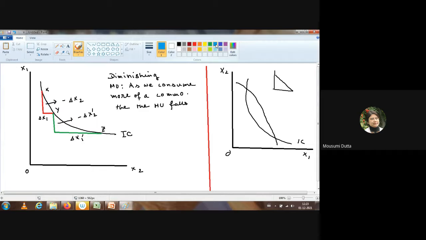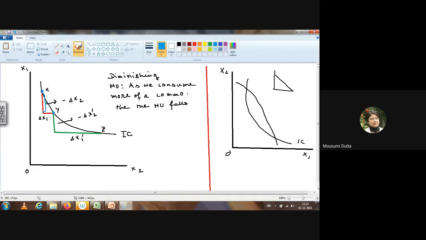What is happening as I'm moving from this point to this point? This amount of X2 I have to leave. I'll not be able to consume this amount of X2.